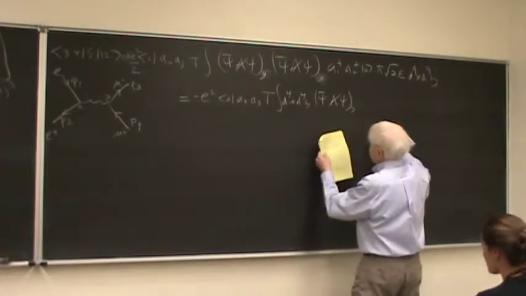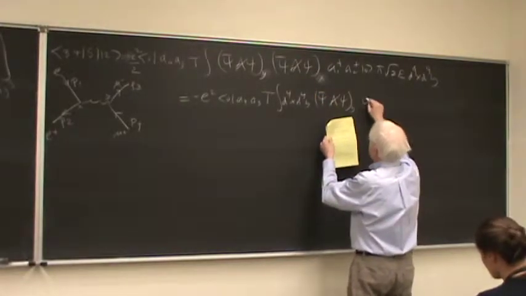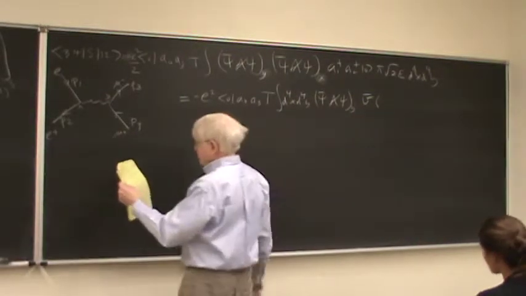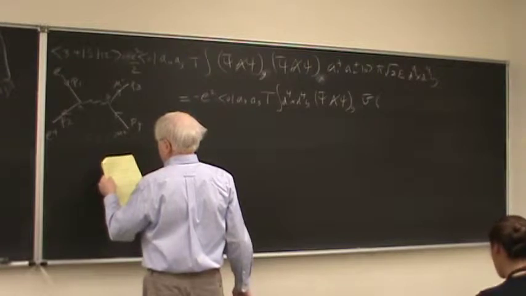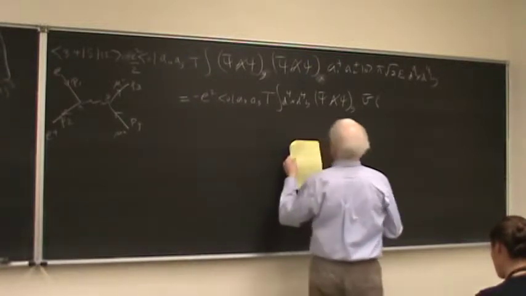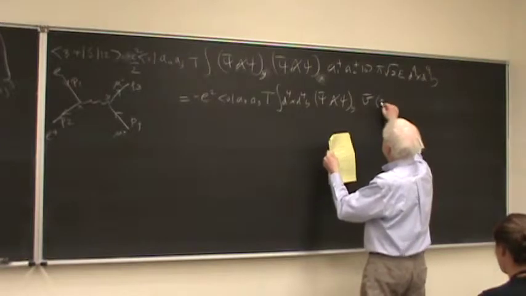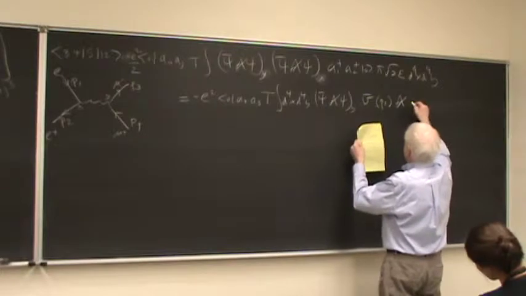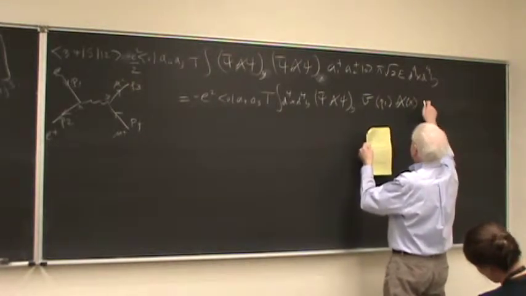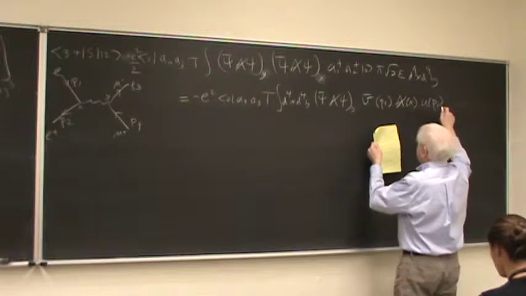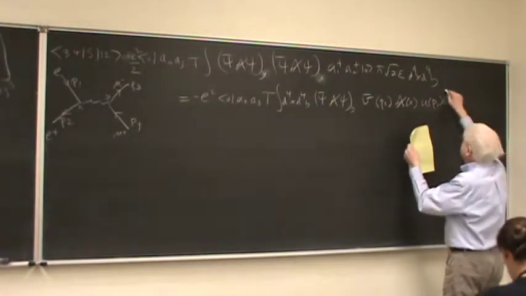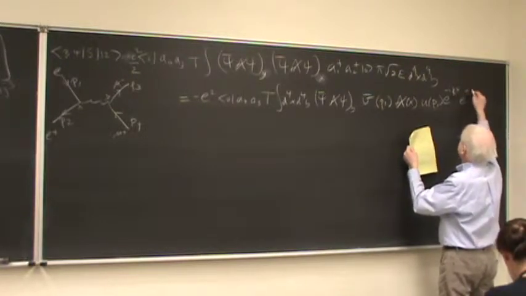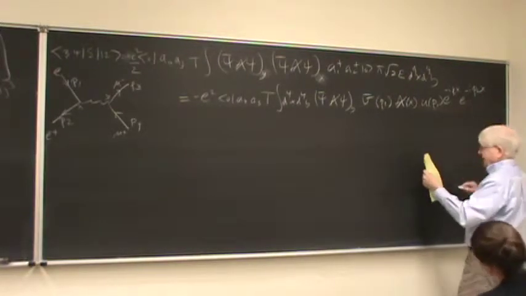And now what happens here is we get a v bar of P2, and I'll suppress the actual A slash of x, u of P1, I'll suppress the spin, e to the minus i P1 x, e to the minus i P2 x.